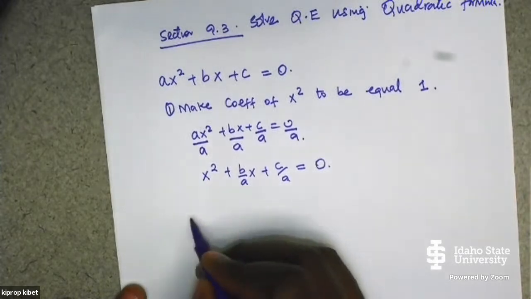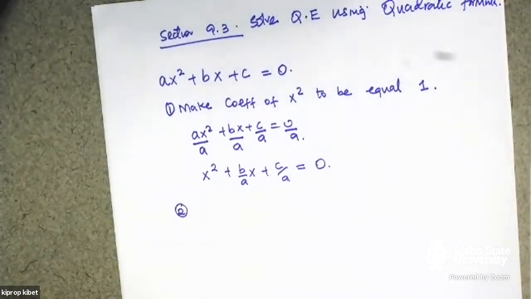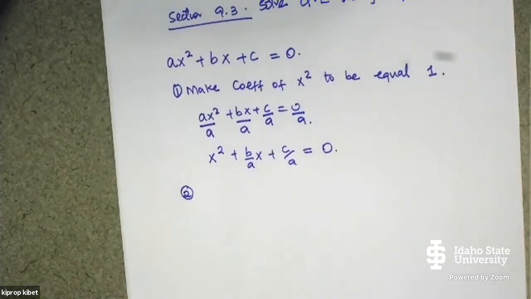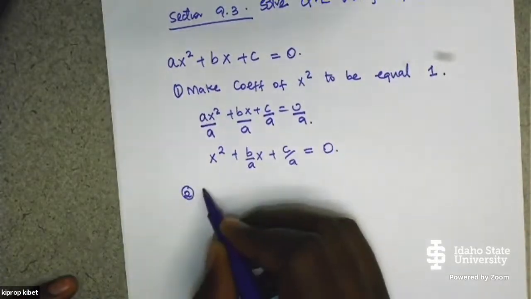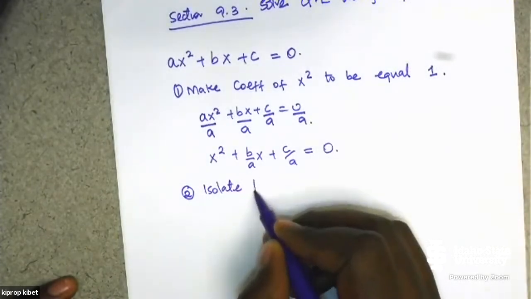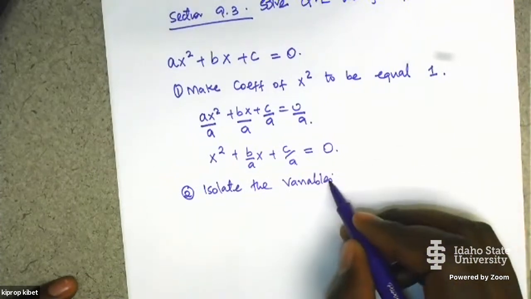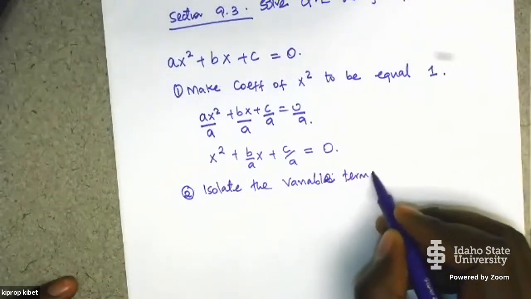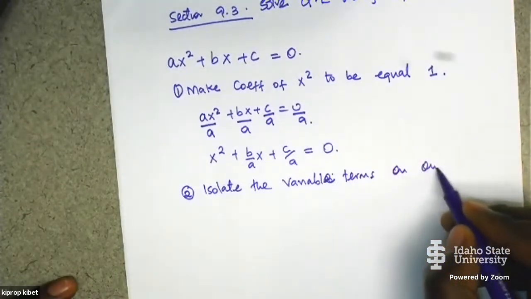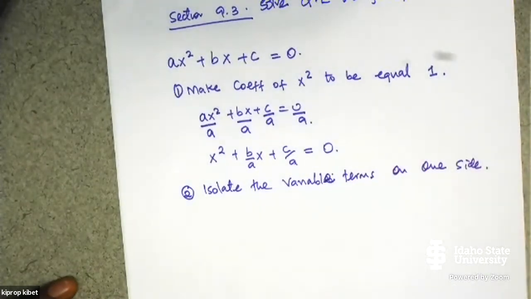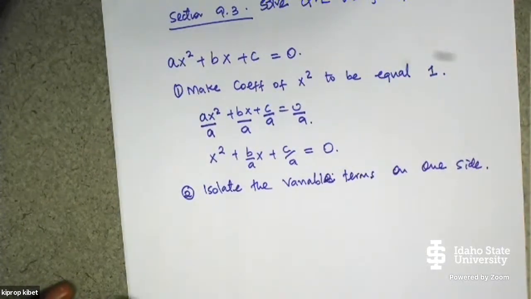What is the second step? Number 2, we isolate the variable terms on one side.